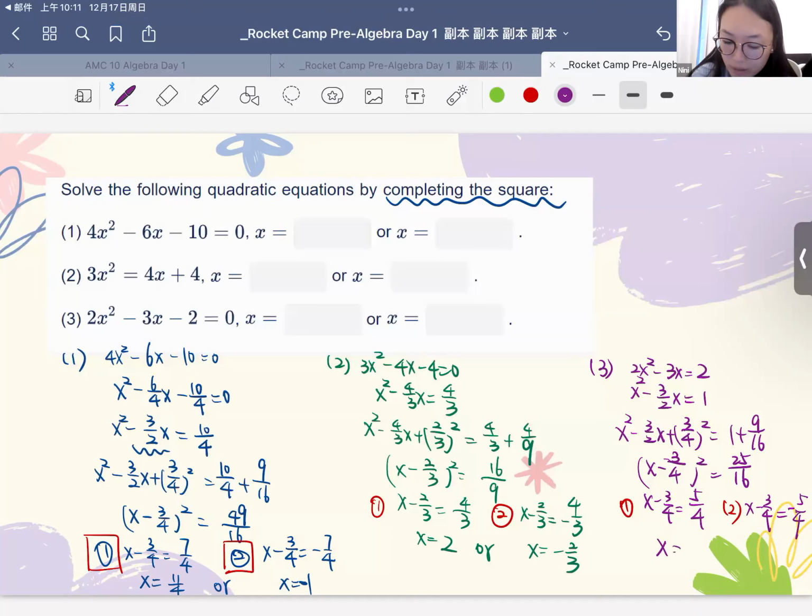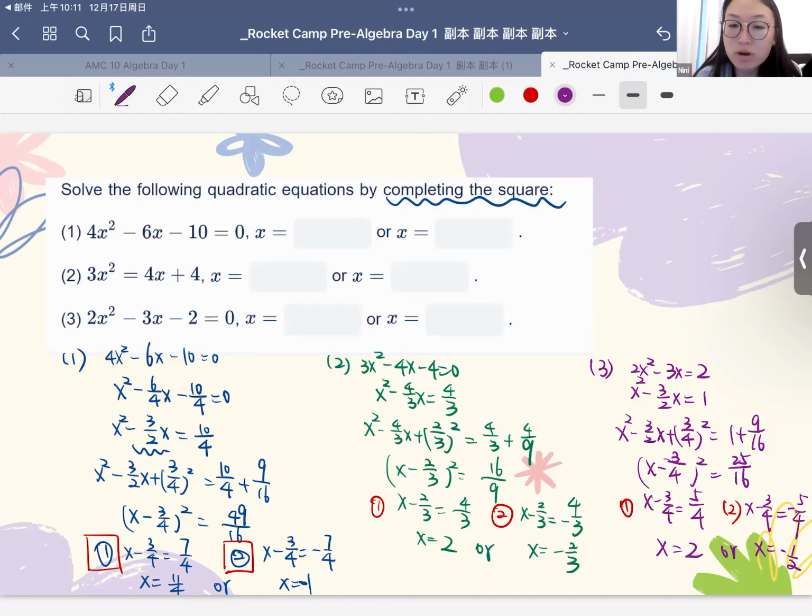It will be either 8 over 4. Okay, 8 over 4 is which value? It is 2. Or which value? x equals negative 5 over 4 plus 3 over 4. So it's negative a half, right? So these two answers will be the answer for the last question.